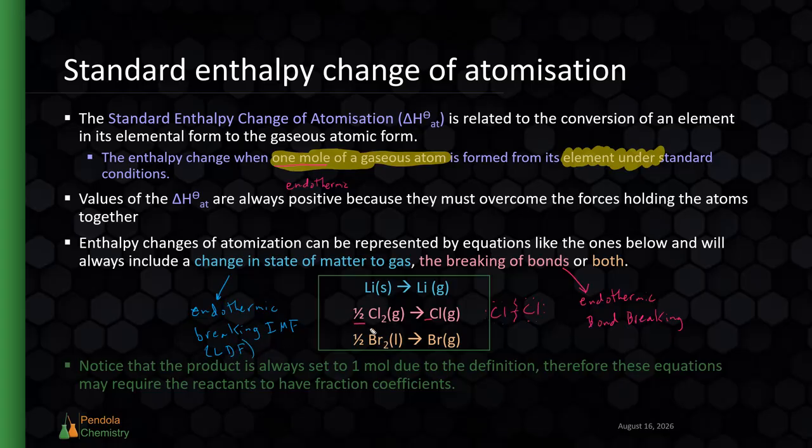So either here chlorine, or actually not in chlorine because it's already a gas, but in bromine we'll go from liquid to gas. So these are London dispersion forces if it's a non-metal. If we're looking at a metal, we're breaking metallic bonds.